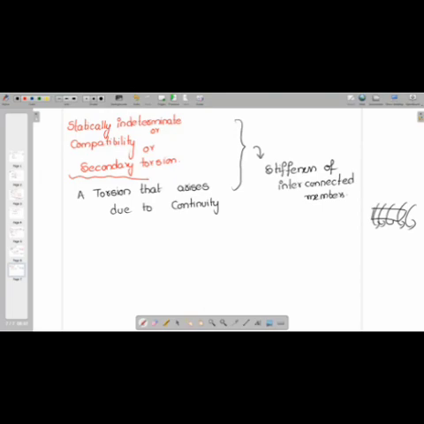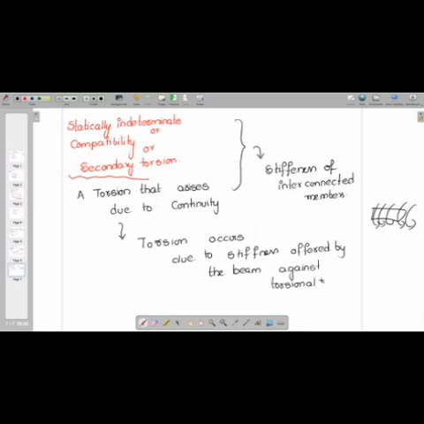You can say the torsion occurs due to the stiffness offered by the beam against torsional rotation.